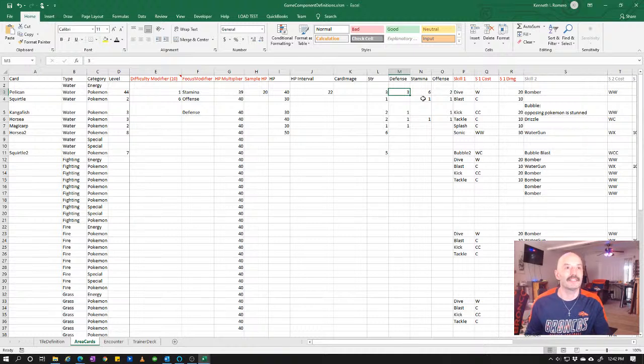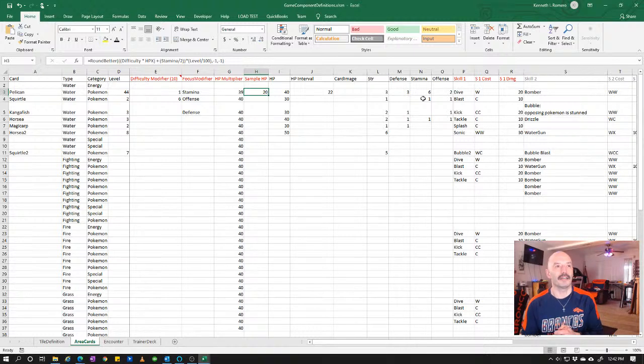So 632 is probably not unreasonable to expect at level 25, 22. So he's still got 20 HP at this level, but it's going to take his plus stamina divided by 2. So that's his HP with his stamina, and then as you increase, you can go up from there.